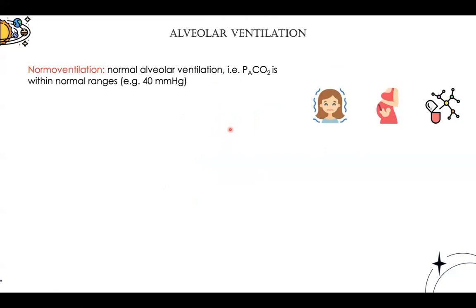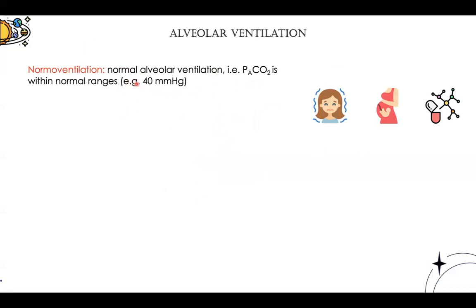Now let's talk about hypoventilation and hyperventilation. How do you determine what that is? Normal ventilation is normal alveolar ventilation, which means PaCO2 is within normal ranges. We don't determine it from PaO2, even though PaO2 changes; our main concern with hyper, hypo and normal ventilation is PaCO2.